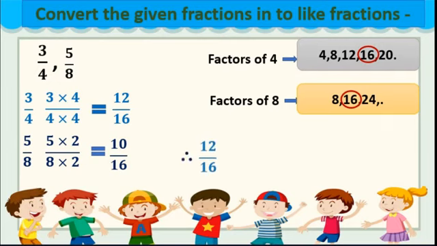So here 12 upon 16 and 10 upon 16 are like fractions. And they are equivalent to 3 upon 4 and 5 upon 8. Got this, students? Like this, you have to convert the given fractions into like fractions.